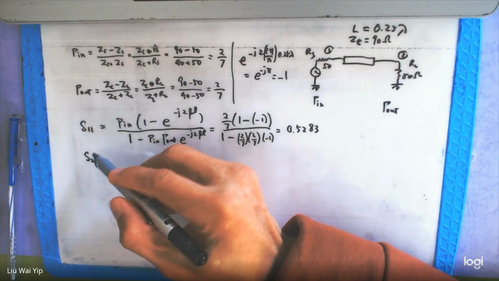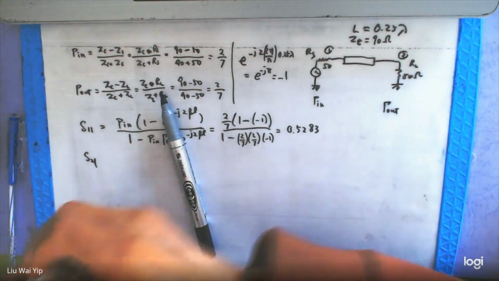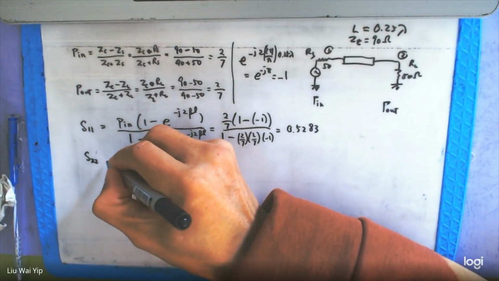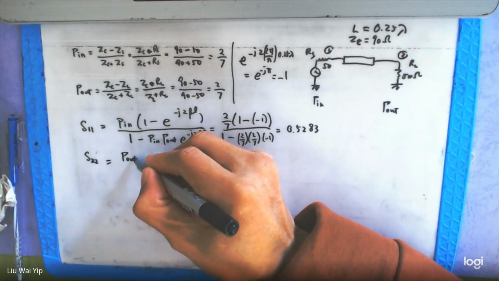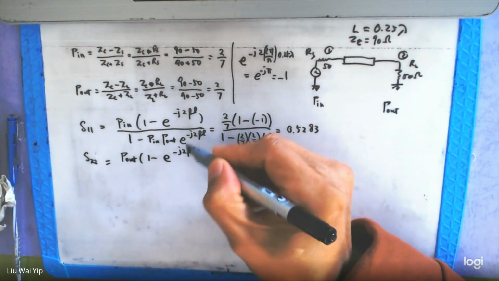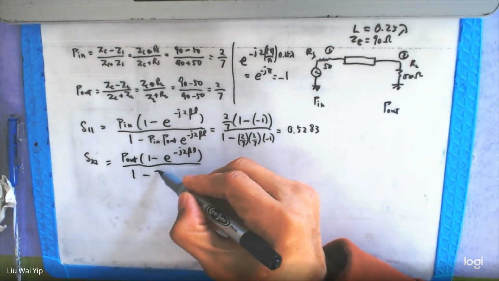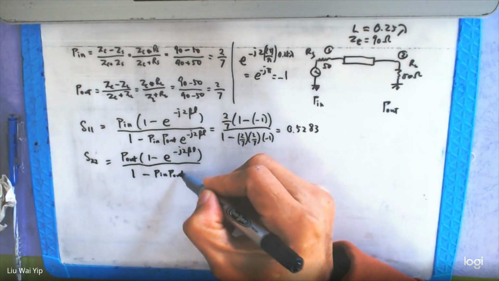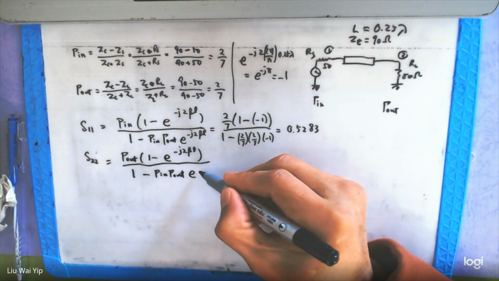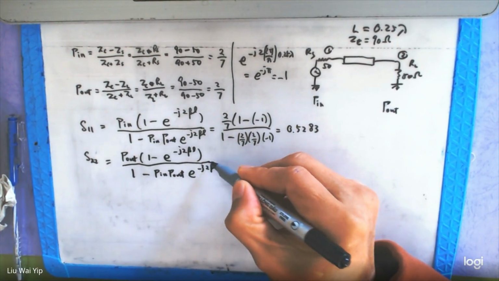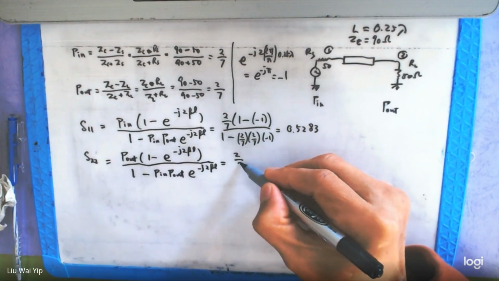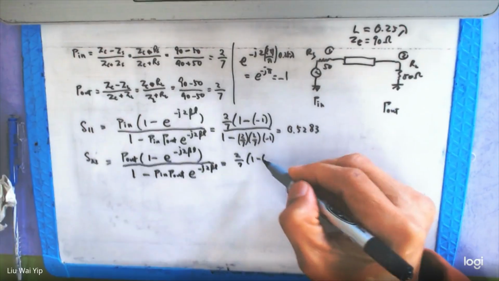S22 first. The formula will be similar. And then 1 minus gamma in, gamma out multiplied together, and then 2 over 7, because this is what we have got, and 1 minus this guy also.